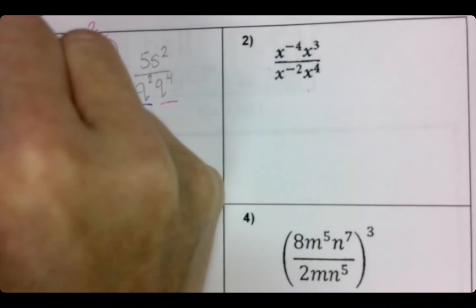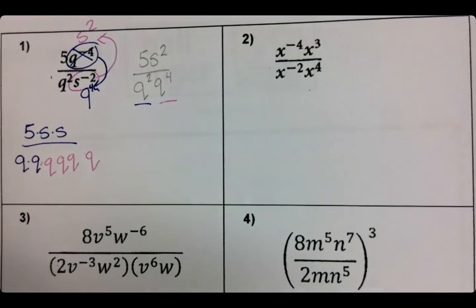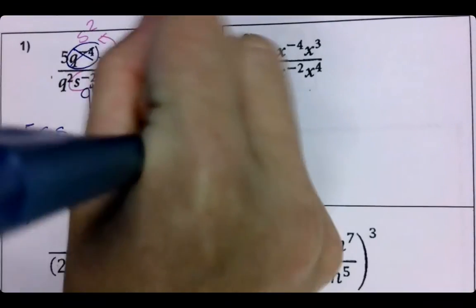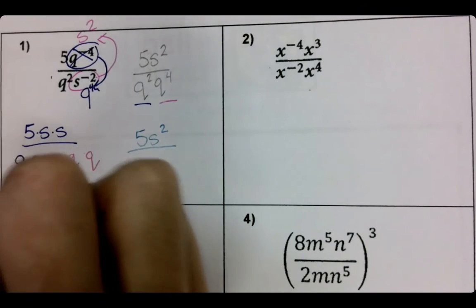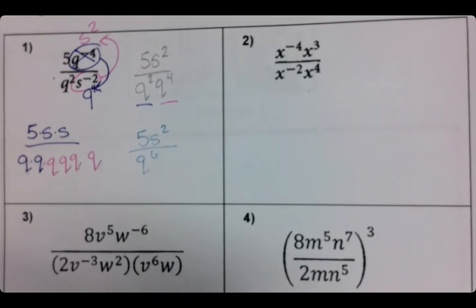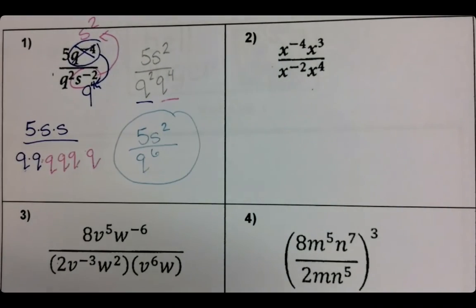And this is going to be 1, 2, 3, 4 q's. And then if we do a final answer, we have 5s squared on top. 1, 2, 3, 4, 5, 6. And we have 6 q's on bottom. Nothing could cancel out between top and bottom, but that's what we're looking at, that final piece of putting things together.